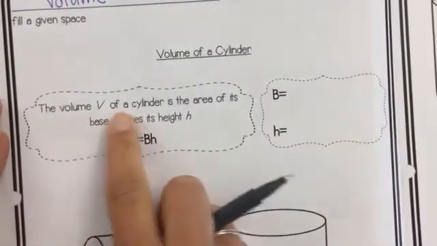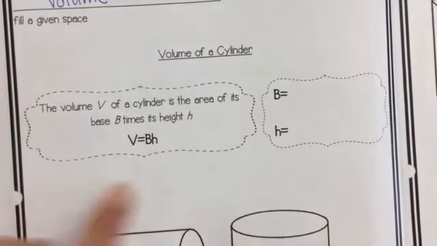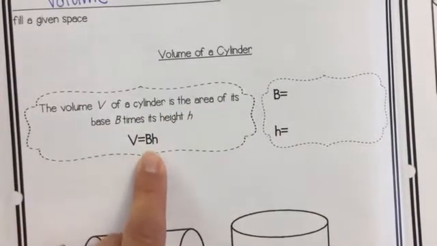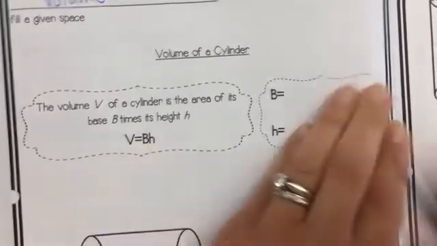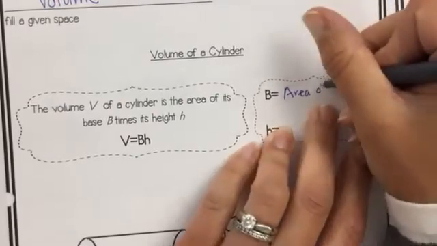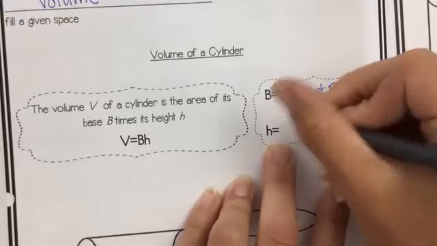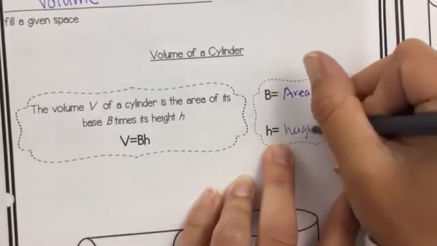The volume of a cylinder is the area of its base times its height. So this large capital B is not just base, but it stands for area of base. And then H stands for the height.